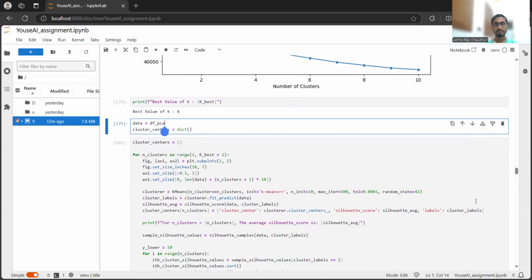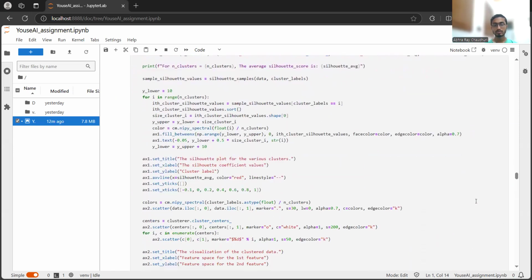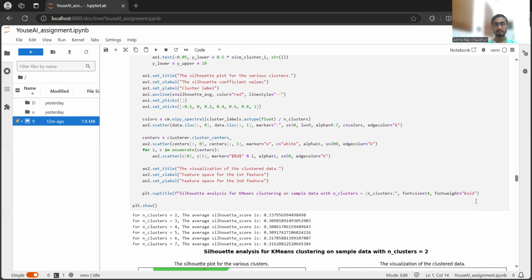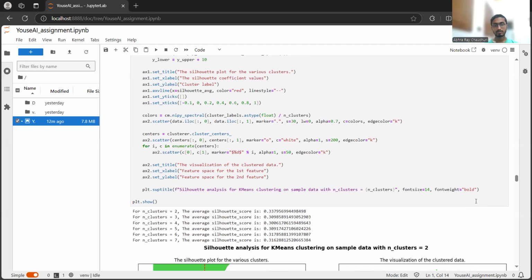Now we will be plotting the silhouette score plot against different n clusters. For n cluster equals 2, we find the silhouette score is 0.3379, and we have found it till n cluster equals 7. Here n cluster 2 has the maximum silhouette score, 0.33.